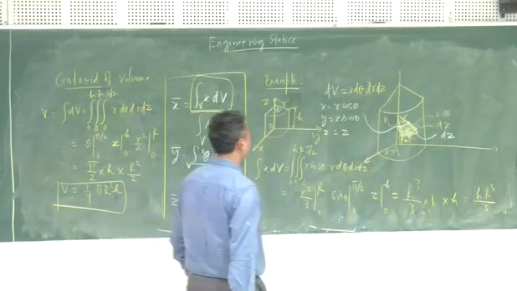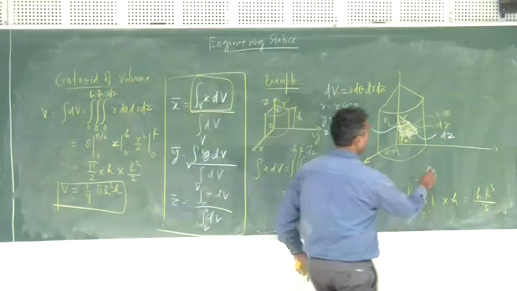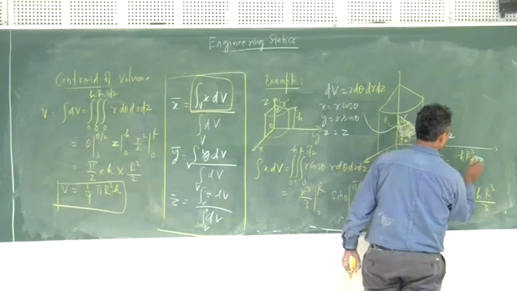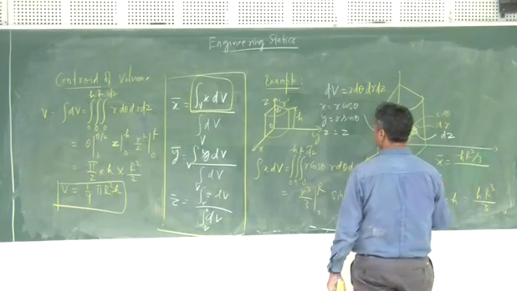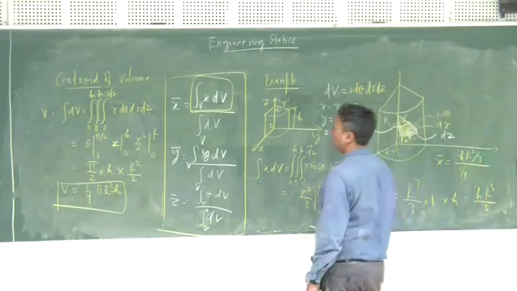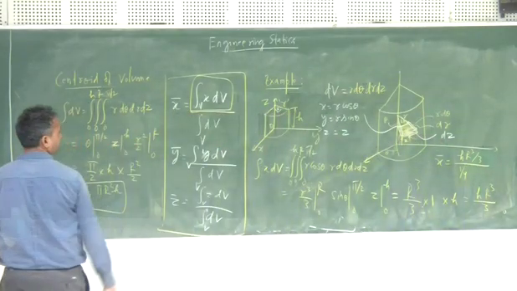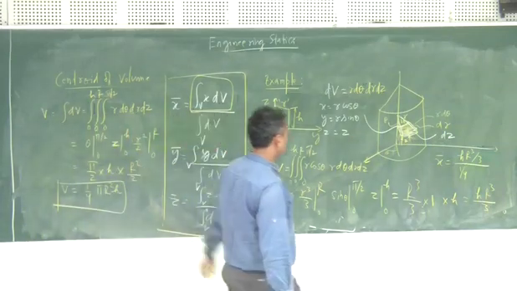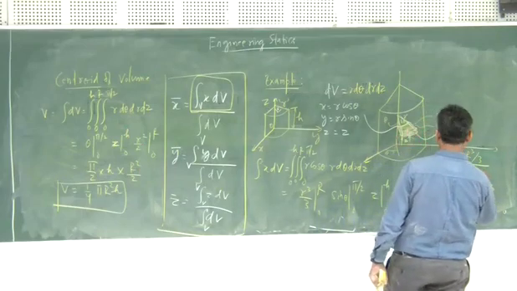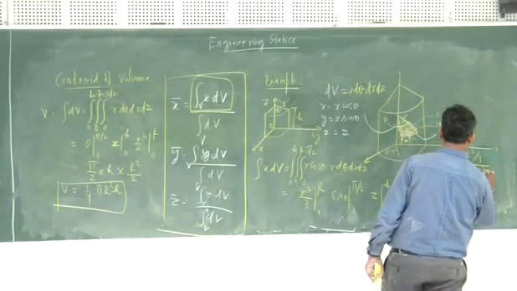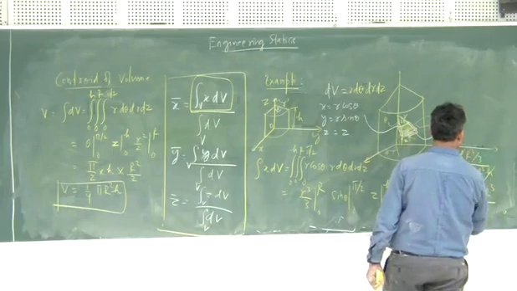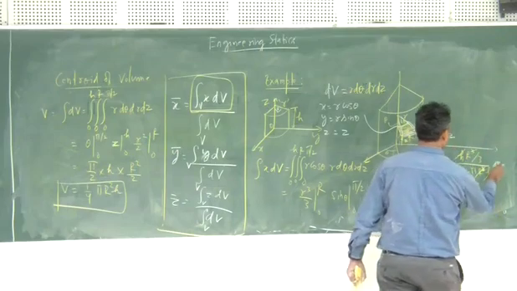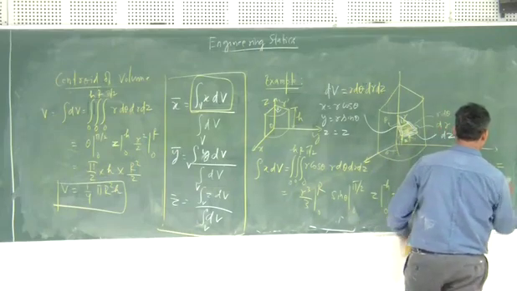What will be your x bar? Total volume is this. So x bar is the integral divided by pi by 2 h r square by 2, and this gives 4 by 3 pi.